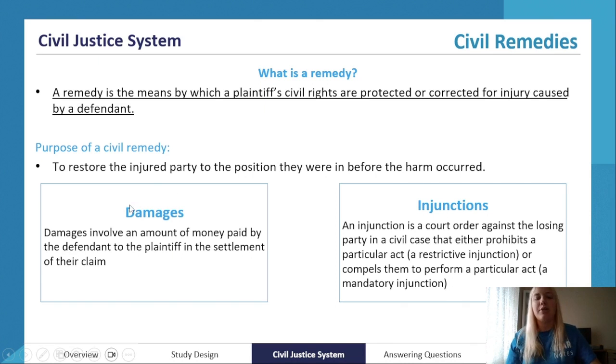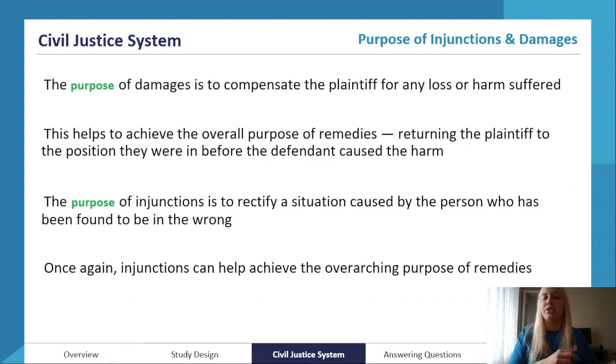The judge gave us damages to help us compensate for loss of work and damage to reputation, and issued an injunction, a mandatory injunction to perform a particular act, for the company to physically take down the defamatory article that they posted about us. So you can see how that helps to make the situation right. More people cannot see the article and think less of us, and it won't go around anymore.